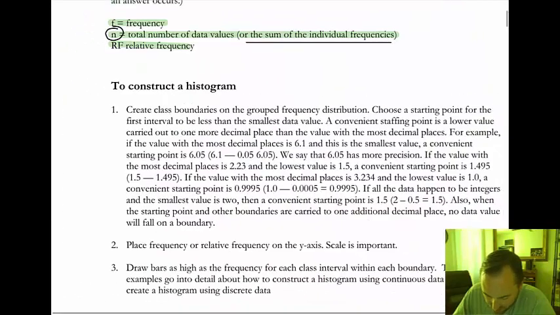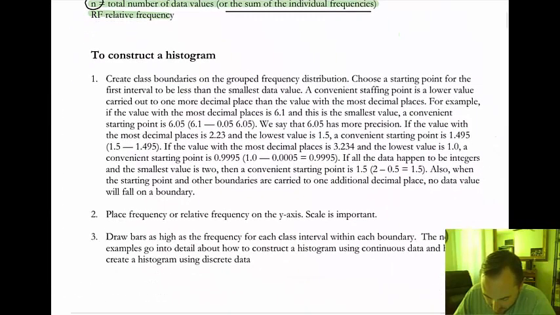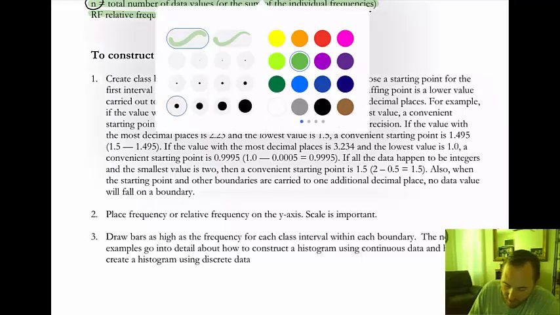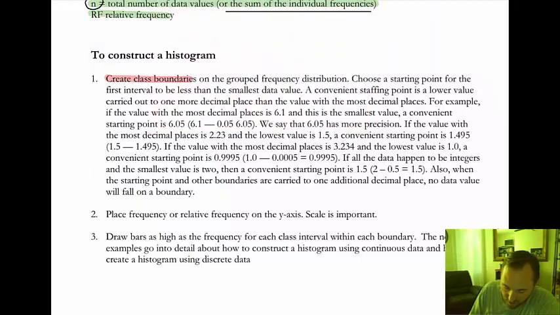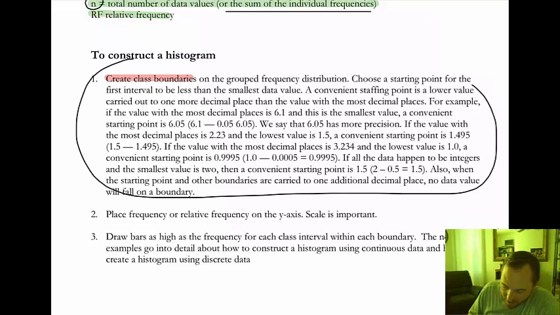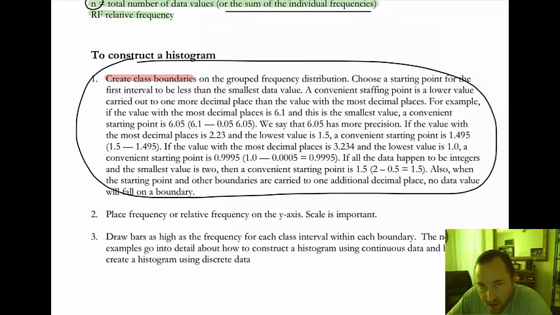Coming down here for the construction of a histogram, there are basic components. The first one outlines what are called class boundaries. There's a lot that goes into the discussion of class boundaries, and it's rather complex. I'll talk about that. I have my way of doing it, but I leave it here in the notes for you to reference. Once the class boundaries are created, number 2 is figuring out what the y-axis is.